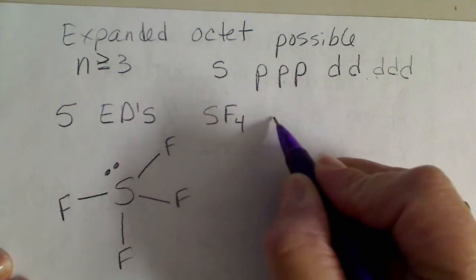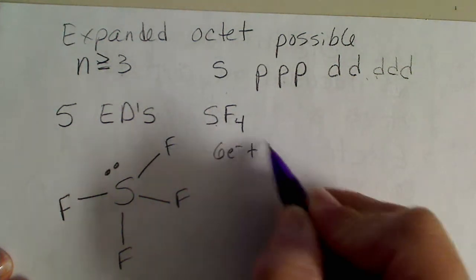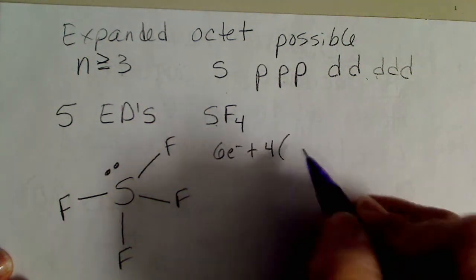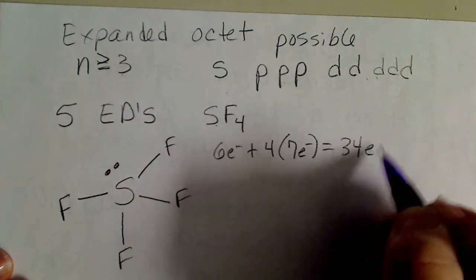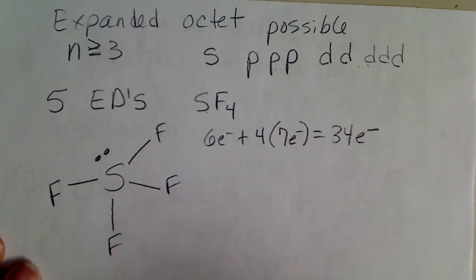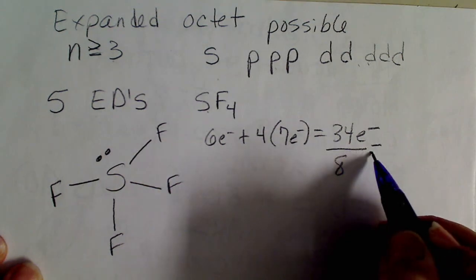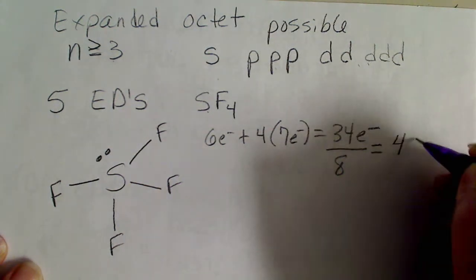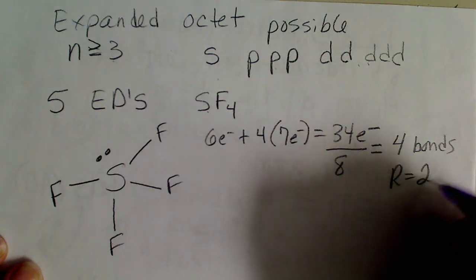And the electron count on this from the valence electrons, sulfur has 6 electrons, each fluorine has 7. So we end up with 34 electrons. As long as hydrogen is not in the molecule, we can divide by 8, and this is 4 bonds, and the remainder here is 2.